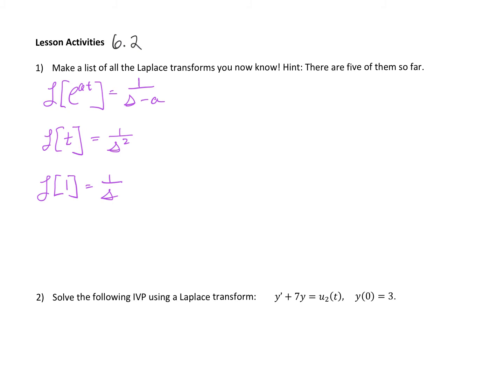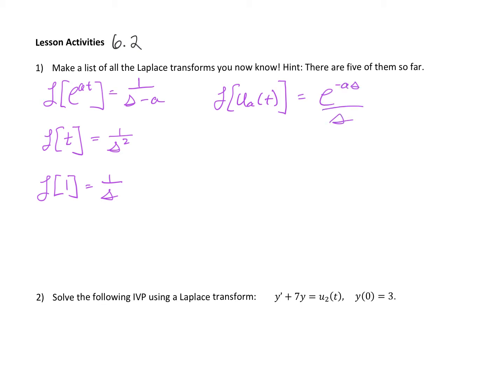And then today we derived the Heaviside function, the Laplace of u_a of t, which remember that's the piecewise 0 and 1, depending on the value of a is where it switches. And the Laplace of that was e to the negative as over s.